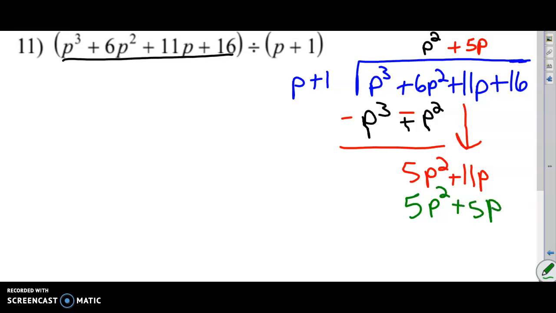At this point, we switch our signs again. So now we're subtracting the 5p squared and the 5p, and we end up with a 6p left over, and we're bringing down a 16. And it's positive, so we are adding 6p plus 16.